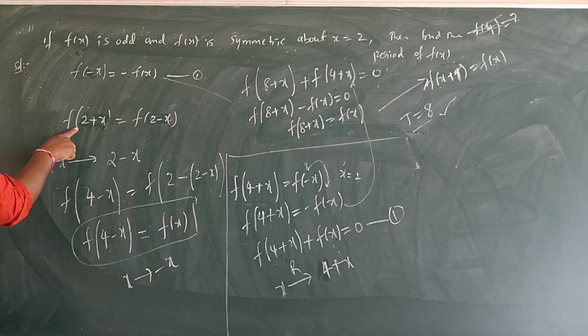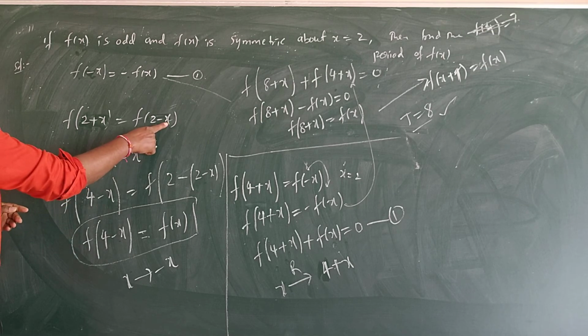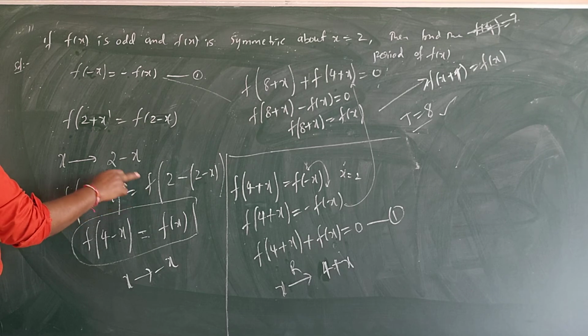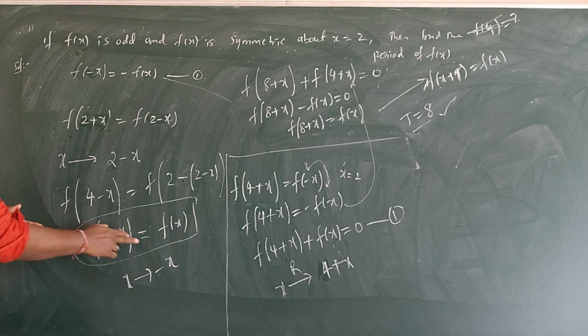So we write f of 2 plus x is equal to f of 2 minus x. So x is replaced with 2 minus x; I want to make it x here. So f of 4 minus x is equal to f of 2 minus (2 minus x). So f of x I got.